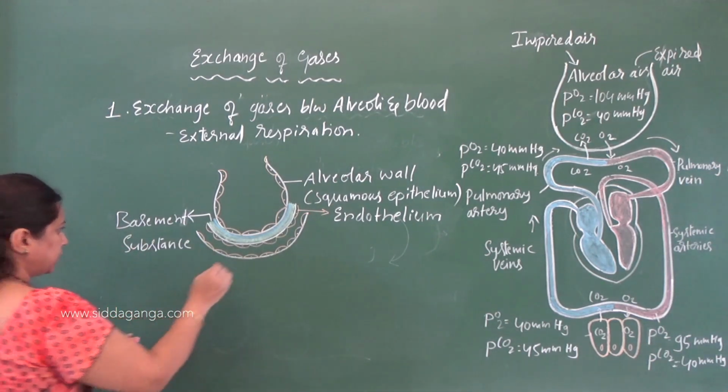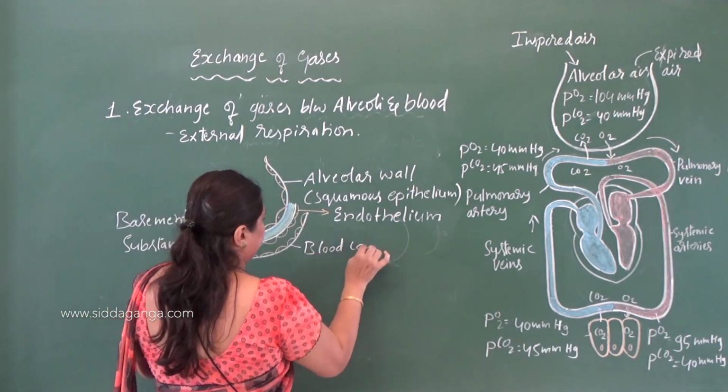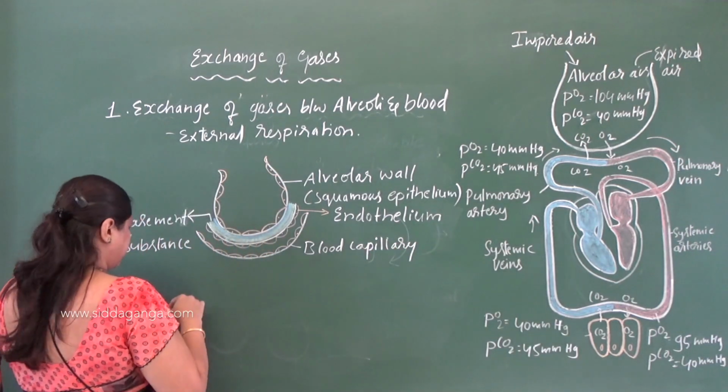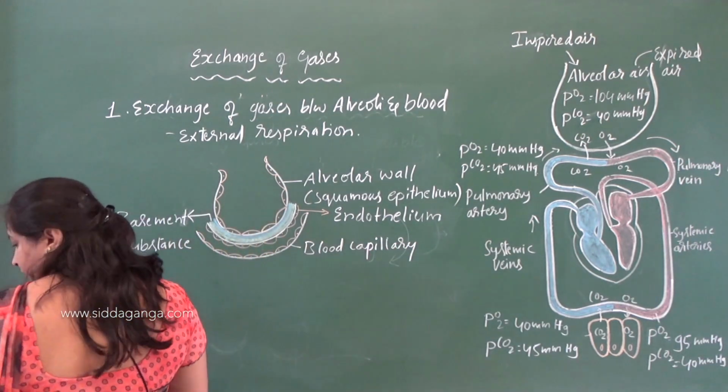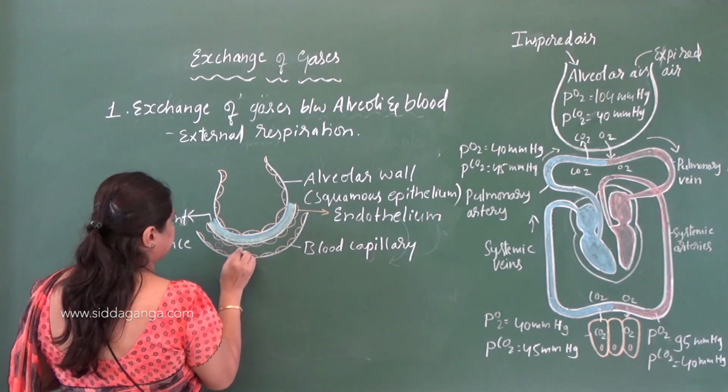Basement substance. So this is the blood capillary, and here come the blood cells, RBCs, red blood cells.